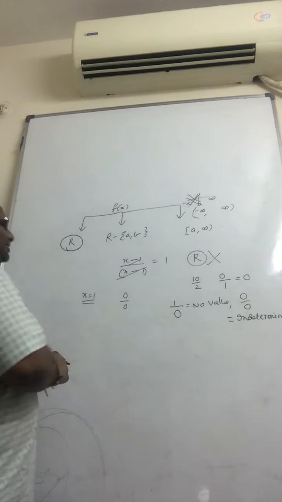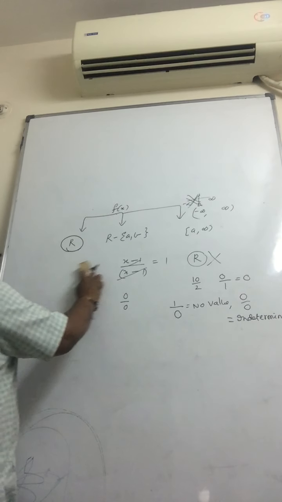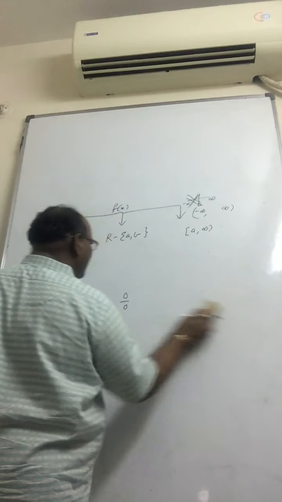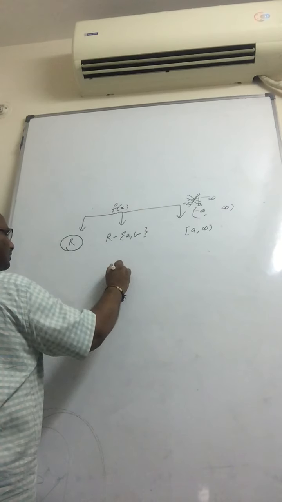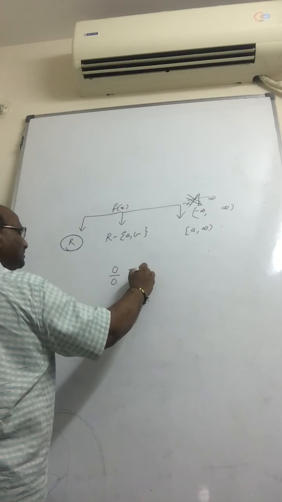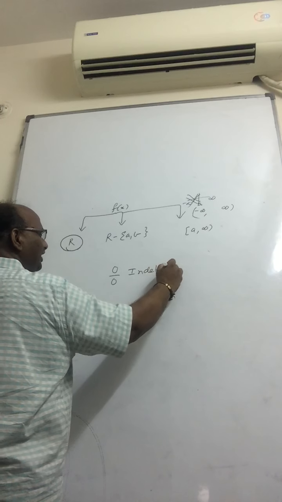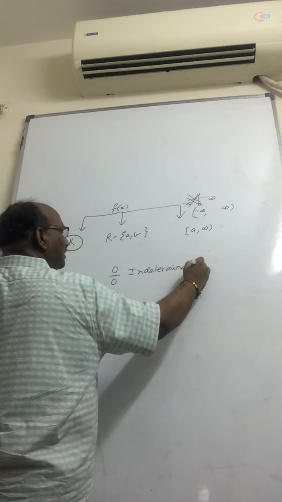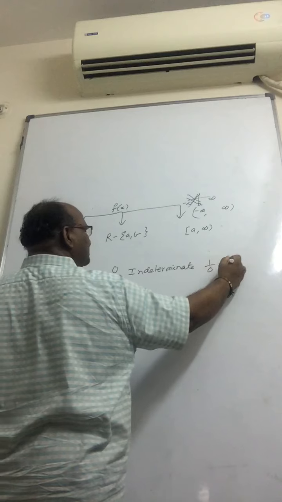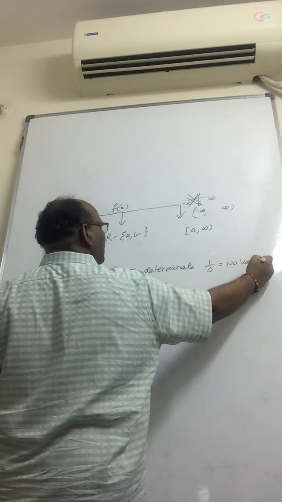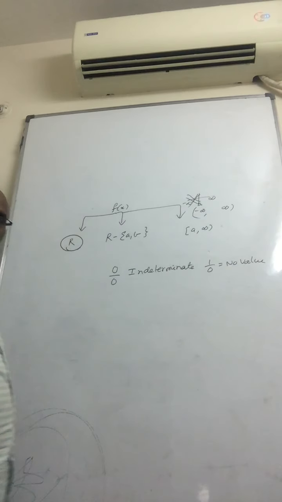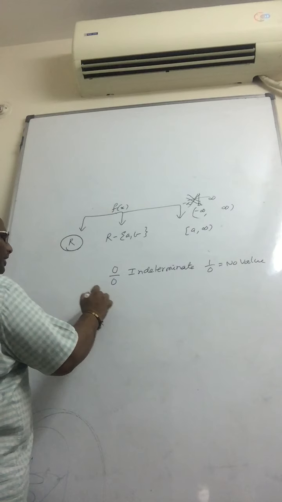So there is a slight difference between 0 by 0 and 1 by 0. 0 by 0 is indeterminate, and 1 by 0 has no value.